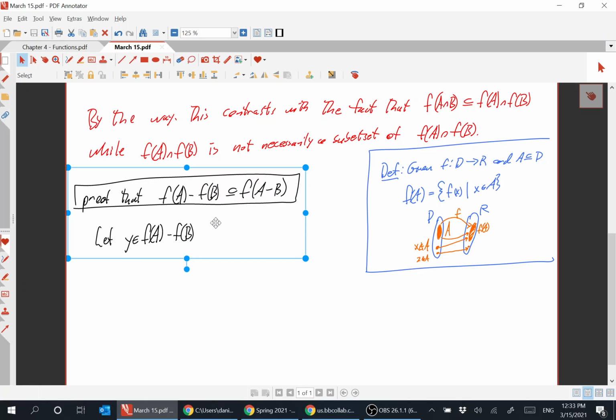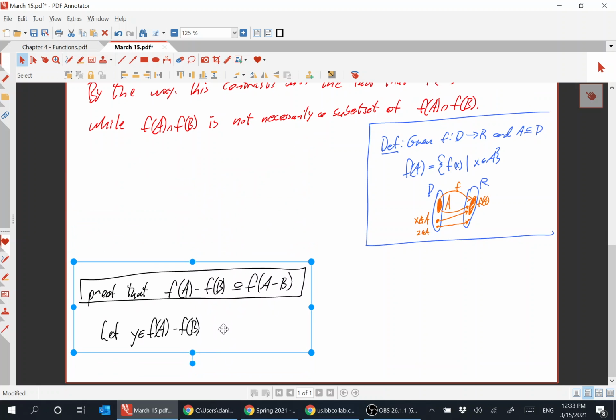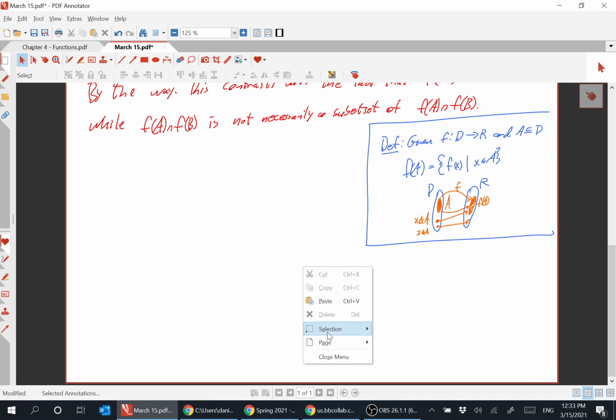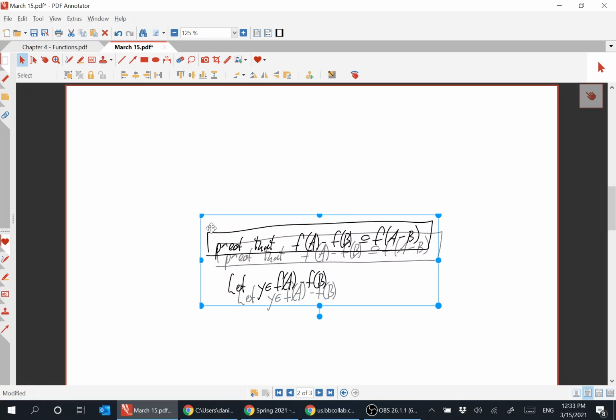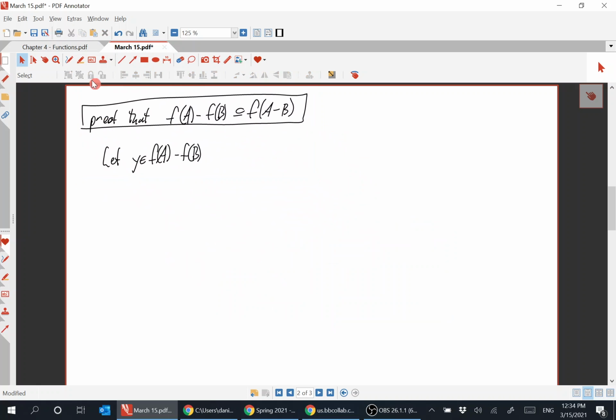Let y be an element of the image of A minus the image of B. So let's get a whole new page. What does that mean? In this expression, the last operation is set subtraction.